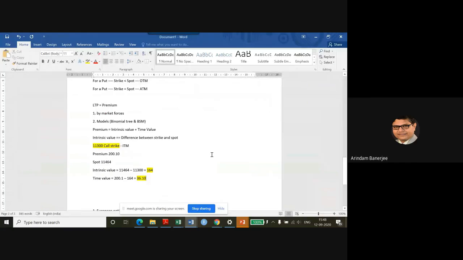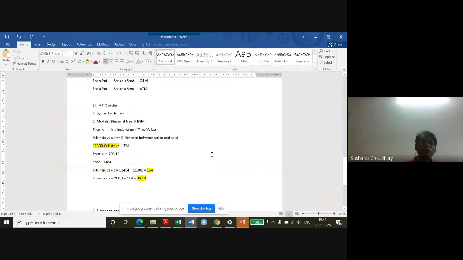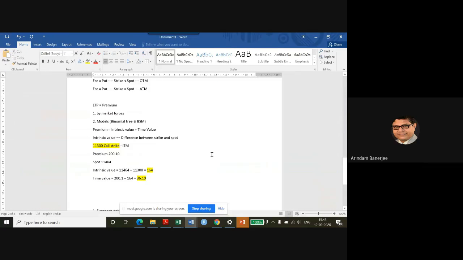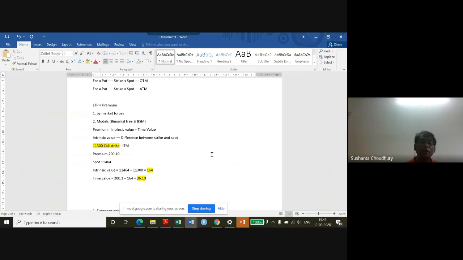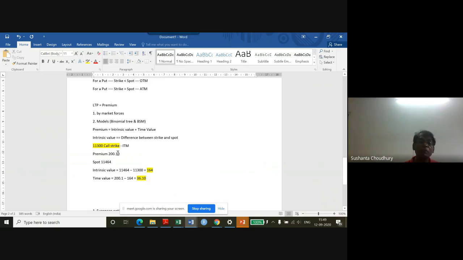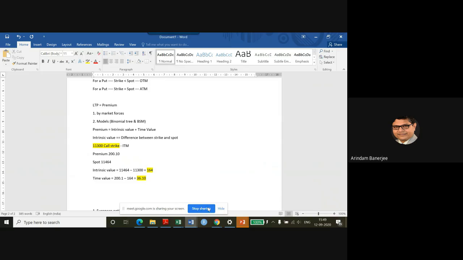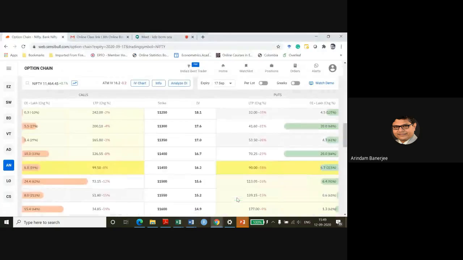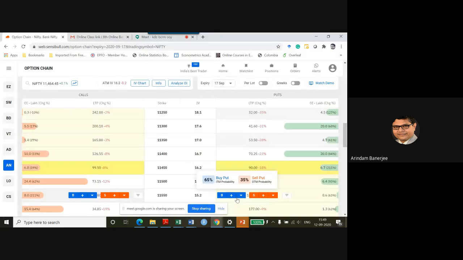Difference between spot and strike. Spot is 11,464. Yes. And the strike is 11,300. Okay, so the difference is coming 164. But my premium is how much? 200. How is this premium calculated? This premium I am getting directly from the option chain, but it is defined by the market.